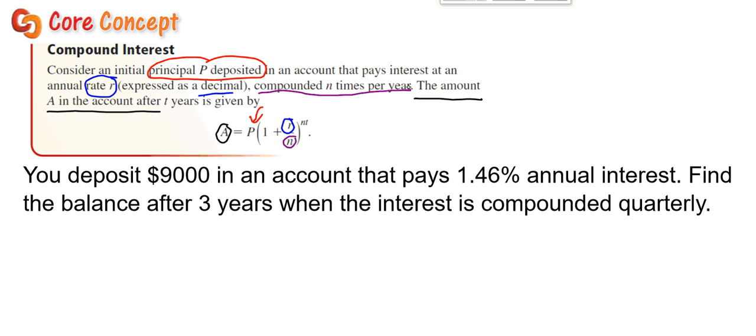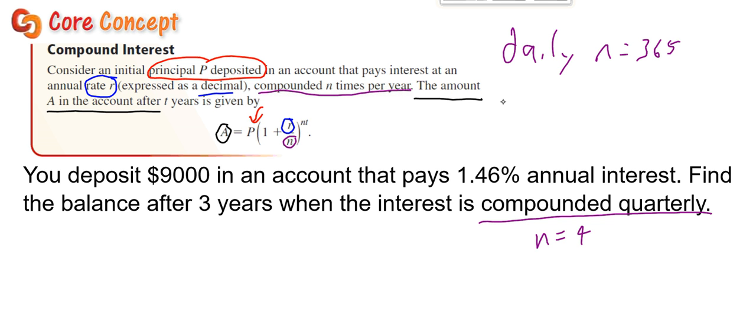So depending on the wording of the problem, if it's compounded quarterly, that N is equal to 4. If it's compounded daily, N would be equal to 365. If it's monthly, N would be equal to 12, and so on. And the final one we can see is our T, which is our time.